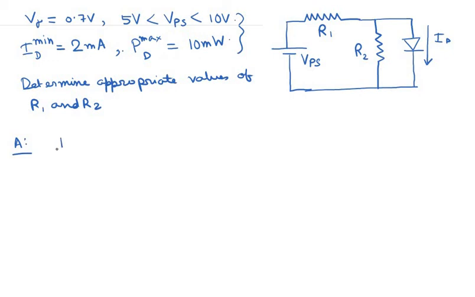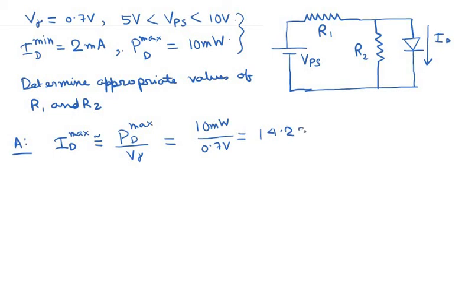Okay, so ID max, which is the maximum current that can flow through the diode, is equal to PD max divided by V gamma, approximately equal to 10 milliwatts divided by 0.7 volts, which gives me approximately 14.28 milliamperes.